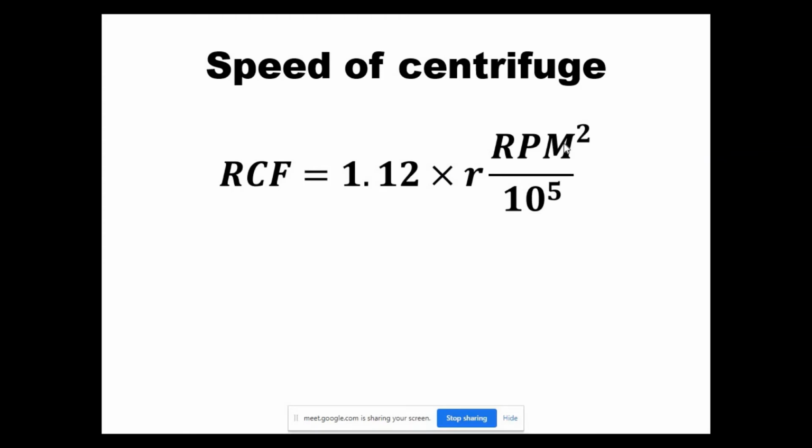Or else, if the radius is not in the manual because the manual is lost, just using a ruler you can measure the radius of the rotor. Then you put it into this formula, and you can find out for this much RCF what the RPM will be.